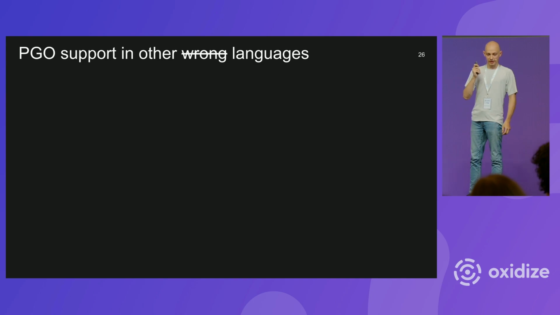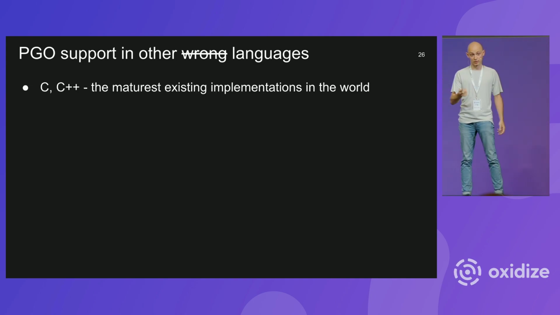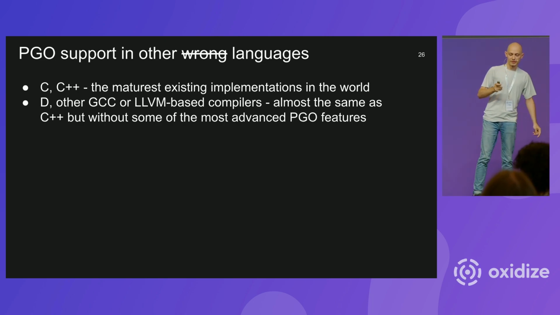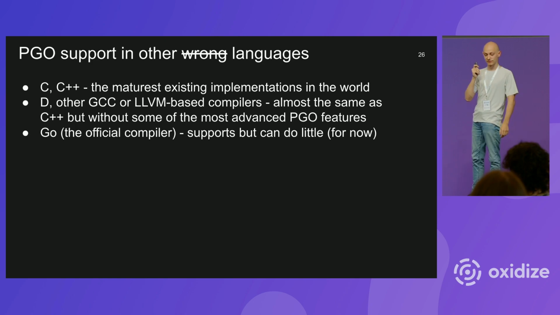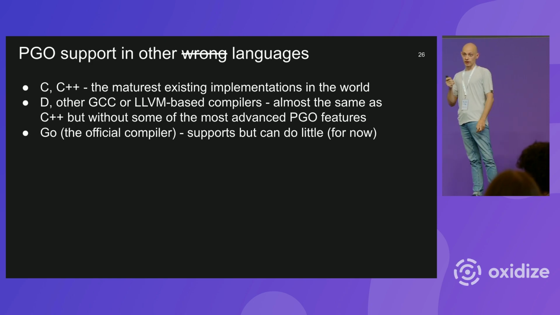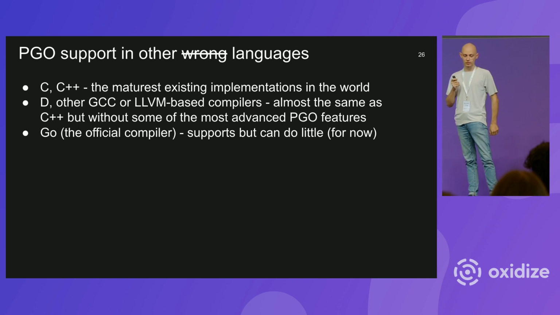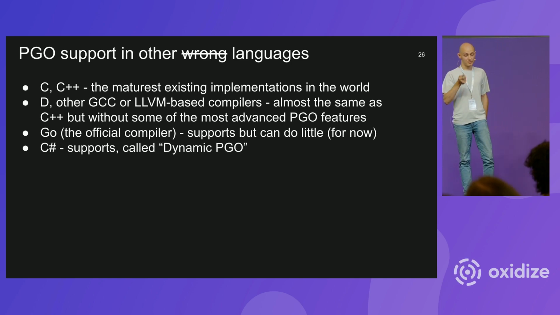So what about other languages? C++ has the best support in the world because of Google. D and other GCC or LLVM-based compilers are almost the same as C++ and Rust, but without the most advanced features. The Go compiler added only sampling PGO support last year in August. So it supports it, but can do little for now. C# supports it.